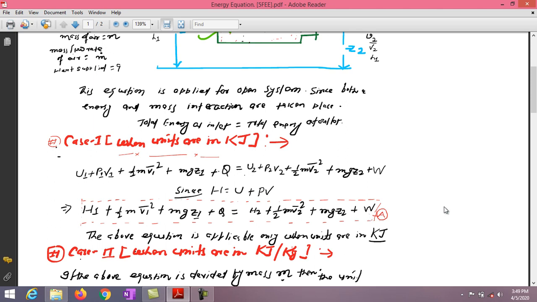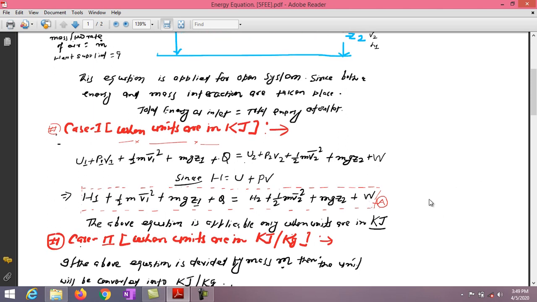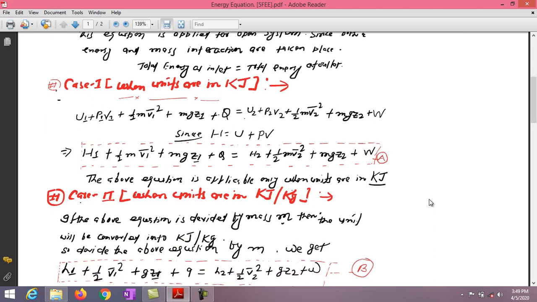Okay, now we proceed further. Be careful, in this equation the unit of all the terms is kilojoule. Now in the next case, case 2, the unit is kilojoule per kg.